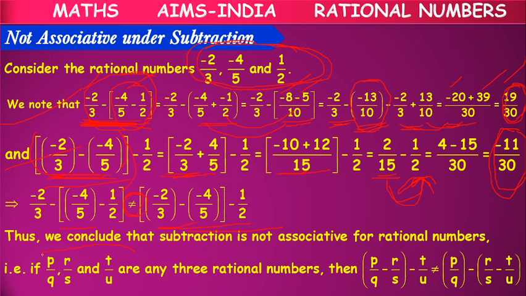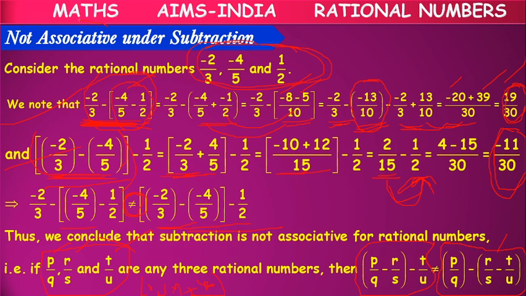If we have three rational numbers like P by Q, R by S, T by U, where Q, S, U are not equal to 0, then the subtraction of three rational numbers in one order is not equal to the subtraction in the other order. Because the orders are different, their values also become different.